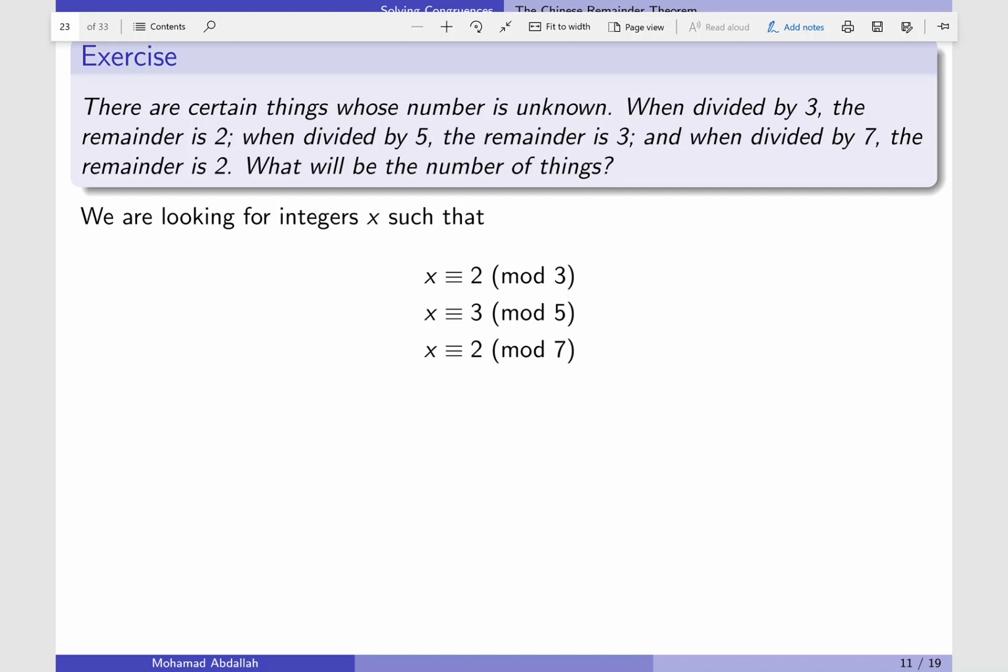And I will use the theorem that we just stated, the Chinese remainder theorem.